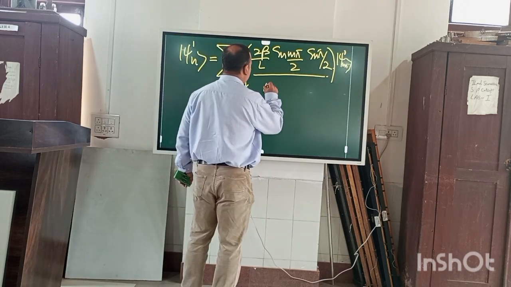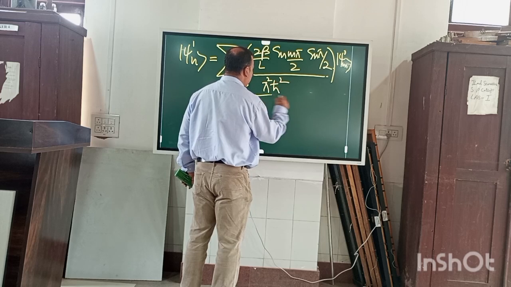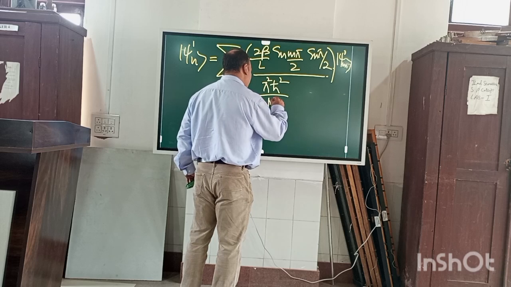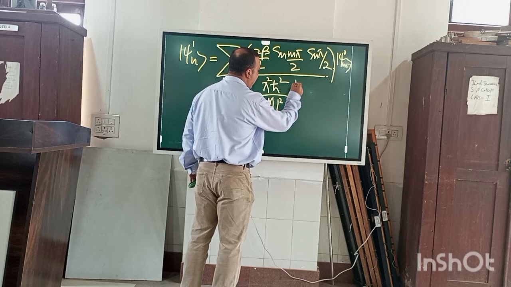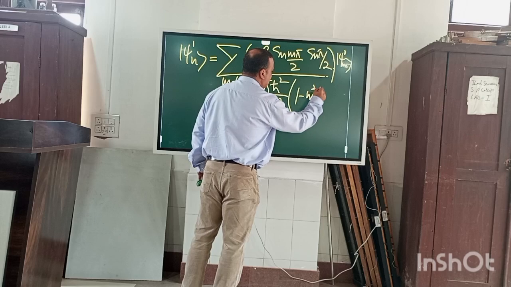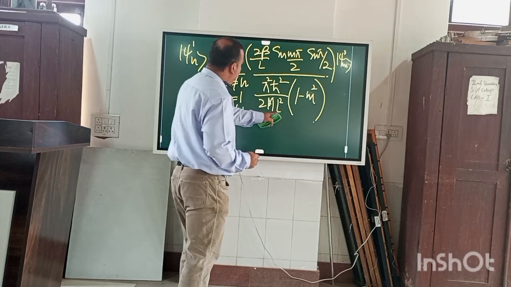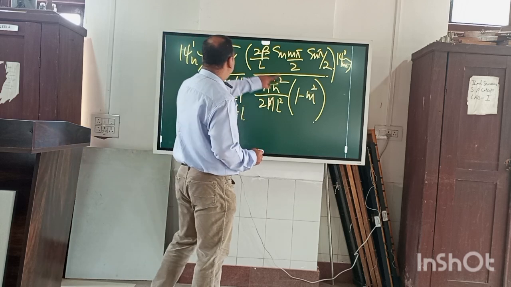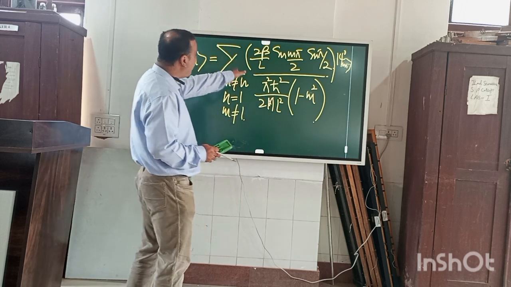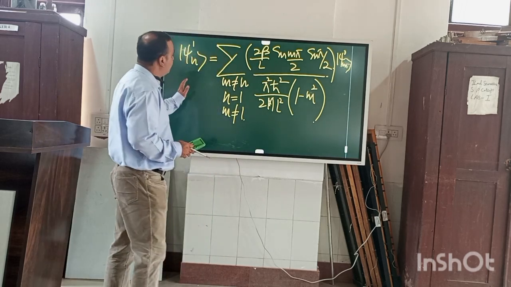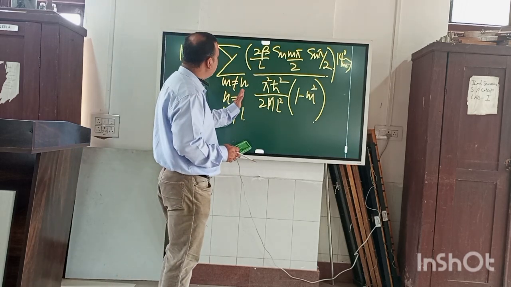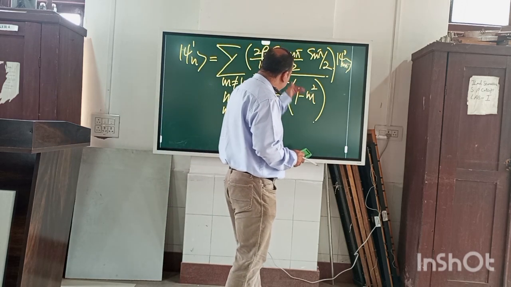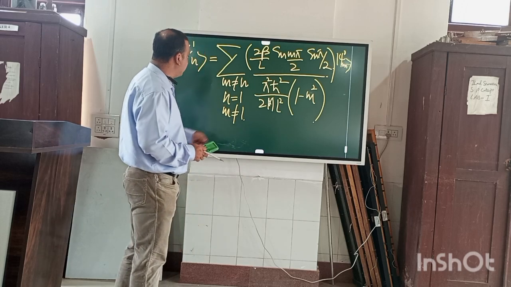So here I'll have pi squared h bar squared by 2M, where M is the mass of this particle, L squared, 1 minus m squared. Now this m is not equal to 1, and we will have a nonzero value only for the odd values of m. For even values of m, we are going to get zeros.